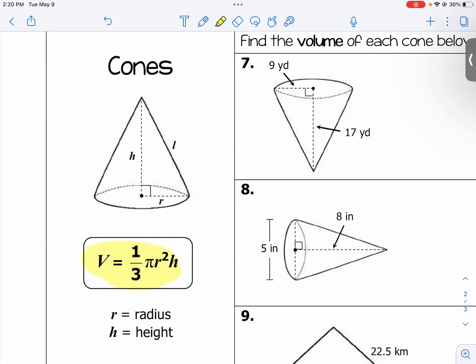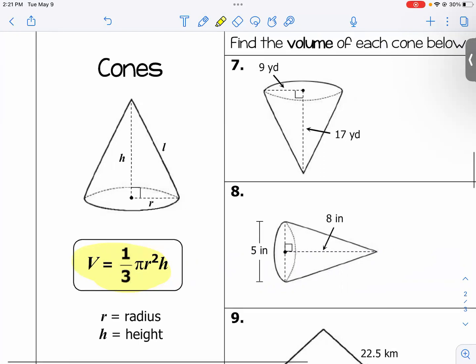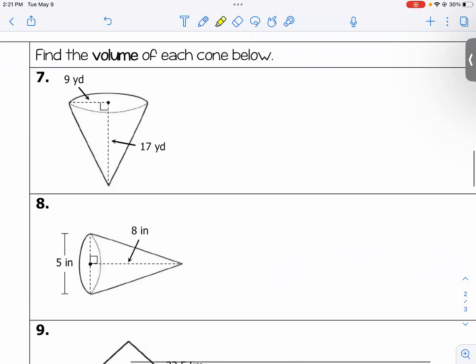Okay, we could do the same thing with a cone and a cylinder. If a cylinder and a cone have the same base and height, their volumes are going to have a 1:3 ratio. So when we find the volume of a cone, we're going to take 1/3 pi r squared h. So like for number 7, we're going to take 1/3 pi 9 squared times 17.